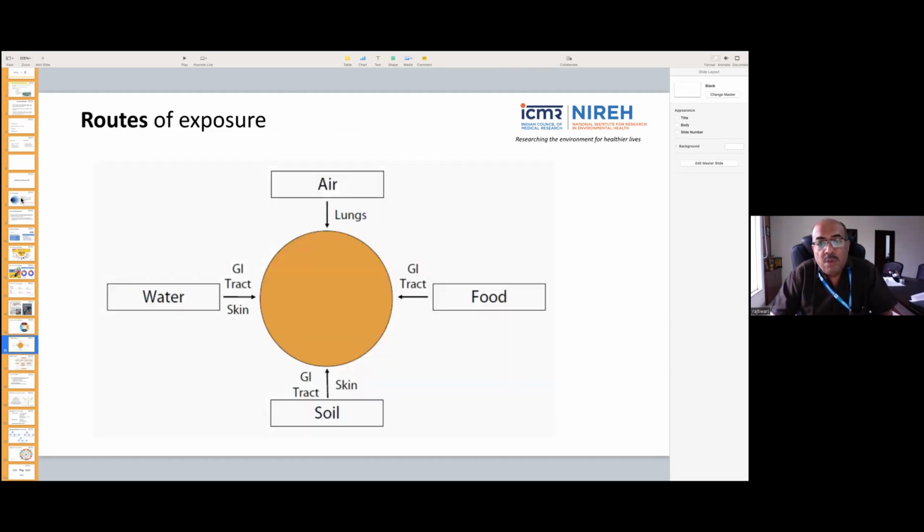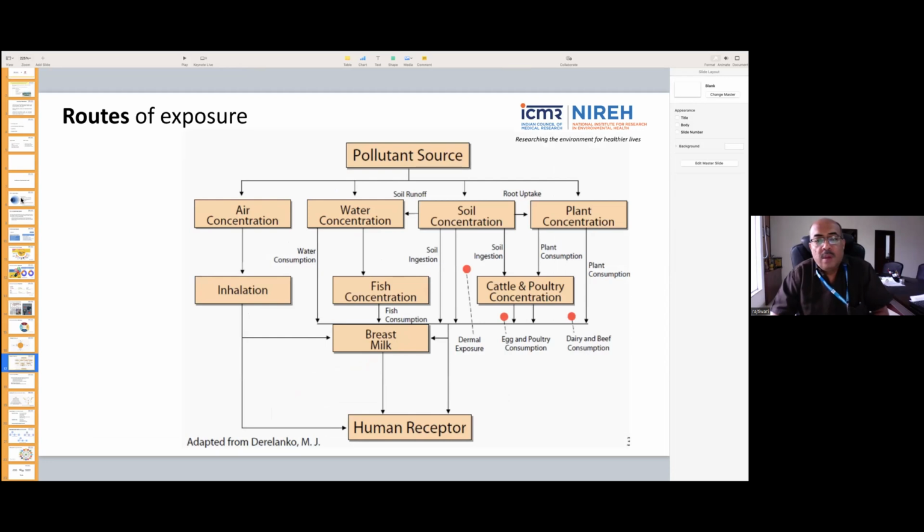As we all know, all these environmental pollutants can enter the body system either through the respiratory system or through the gastrointestinal system by means of water, food, and soil. This is the web through which these environmental pollutants ultimately reach the human receptor.